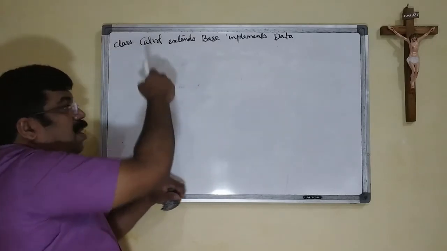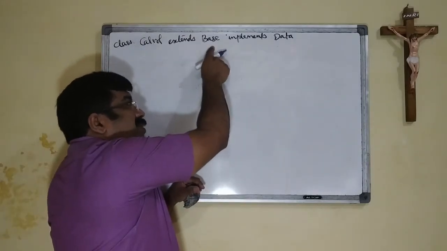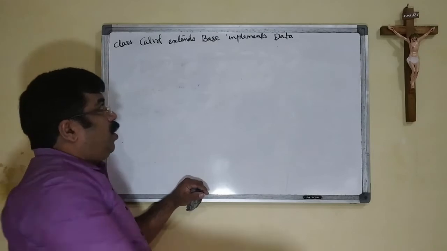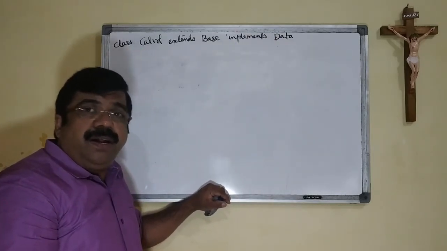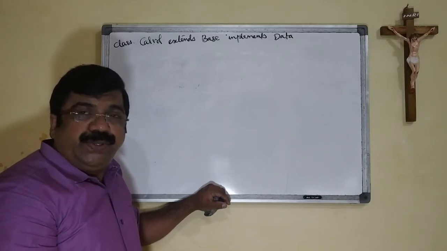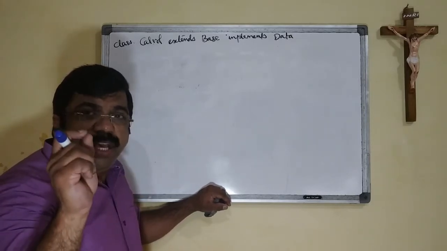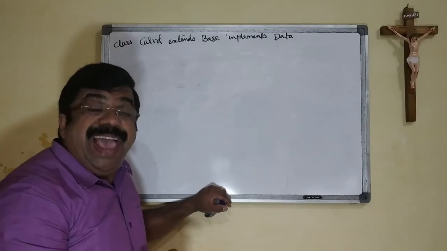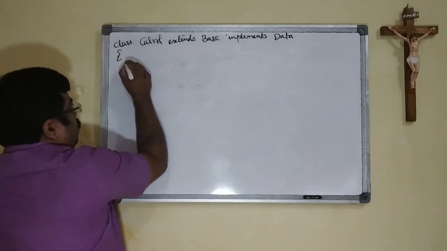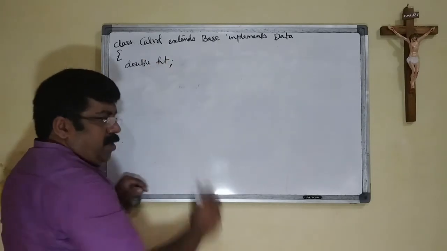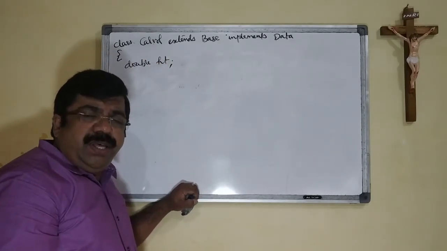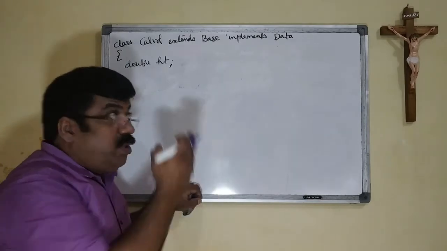So class CalVol is extending the base class and then it is implementing the interface. Next, there is one variable named height, double HT. Then we have to have the constructor from the derived class.